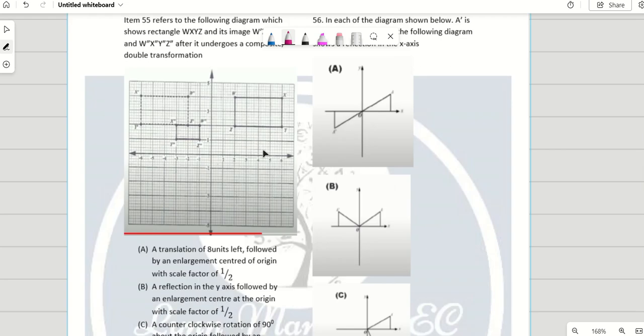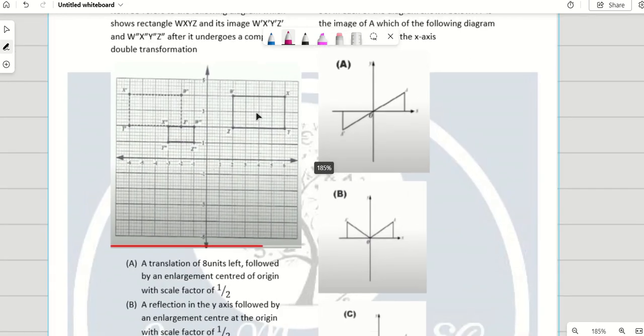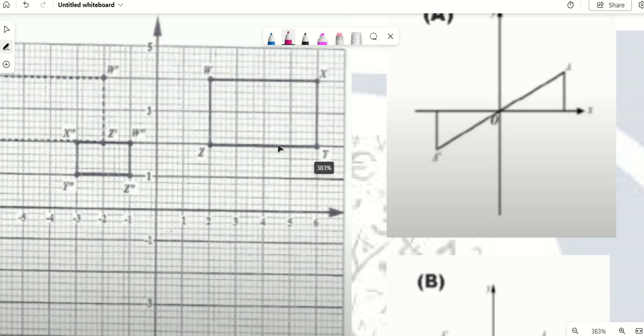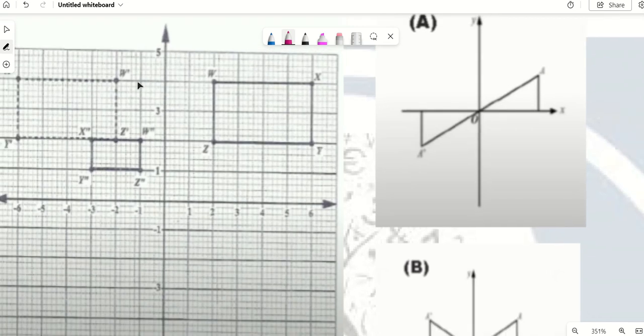If we just zoom in so we can see, we're going from XYZ to the first transformation of XYZ. We can see, first off, it has not the same orientation, but the same shape. So it's not a rotation, it's not an enlargement, so it could either be a translation or reflection.